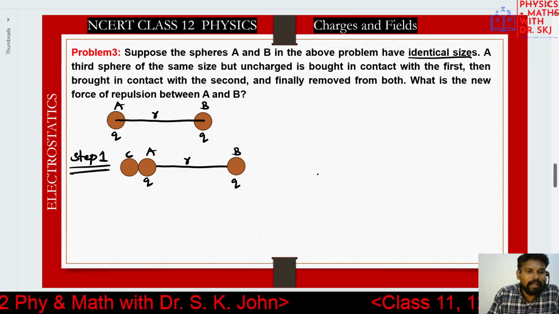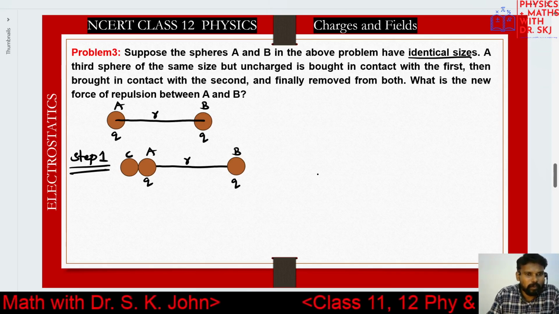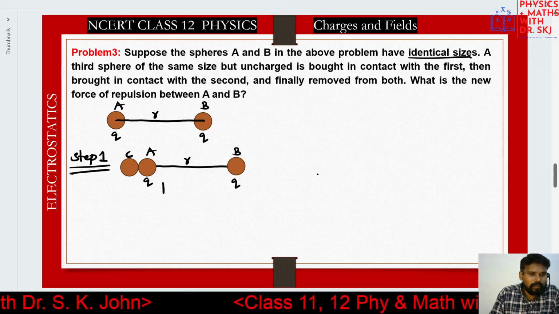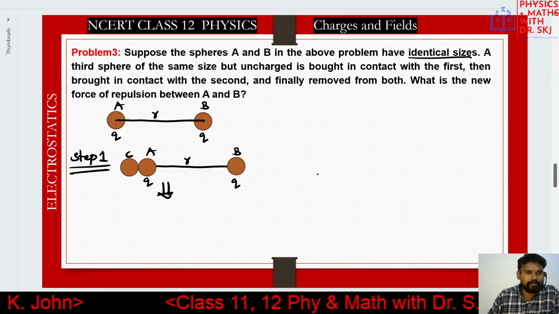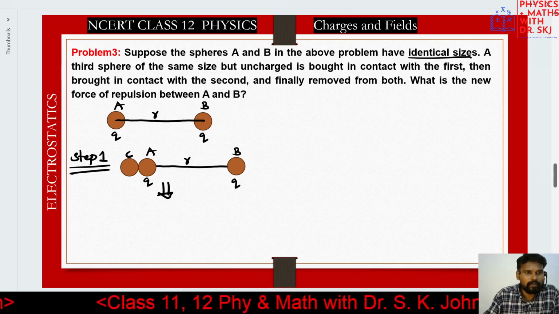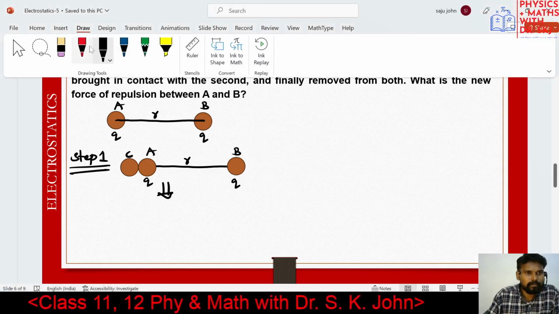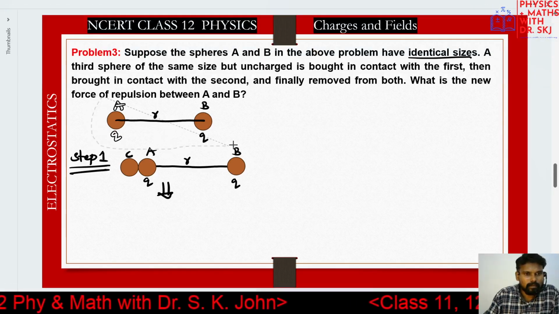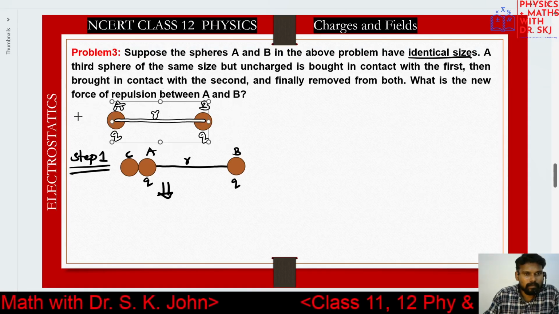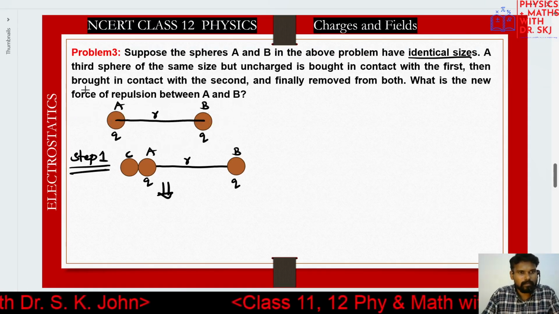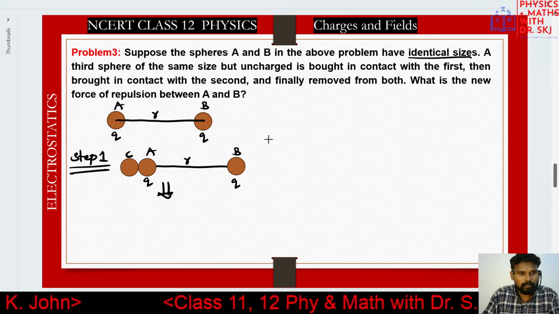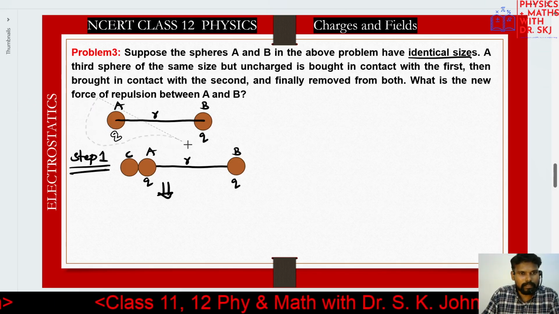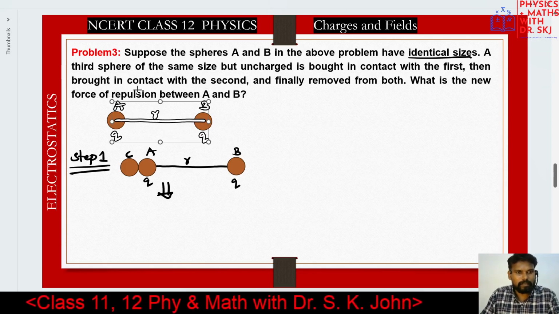In this case, what will happen after this process? What is the result of this process? Think of it.